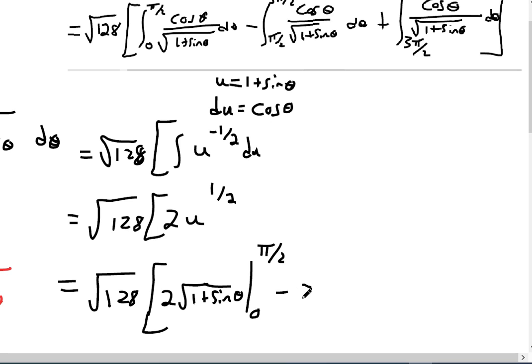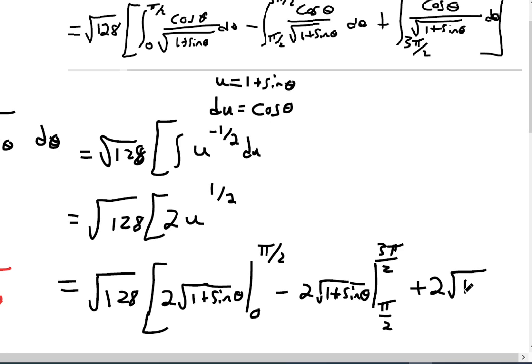And then we have another one that we evaluate from pi over 2 to 3 pi over 2. And then our last one, we go from 3 pi over 2 to the end of our interval.